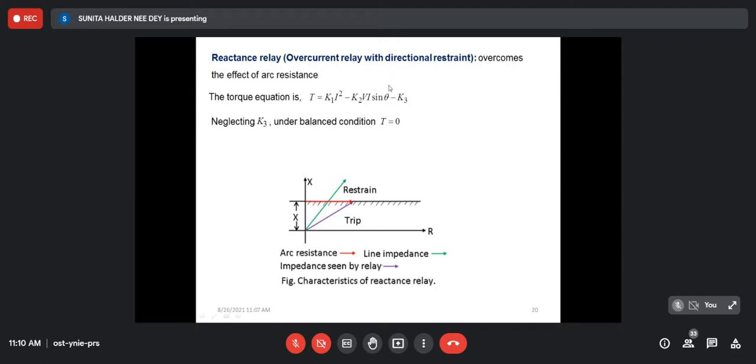So this K3 is obviously spring control. If we neglect K3, then you can see this will be actually reactance will be constant. So under normal condition, up to a fixed value of reactance, the relay will not operate. Otherwise it will operate. That's why it is called reactance relay, right?